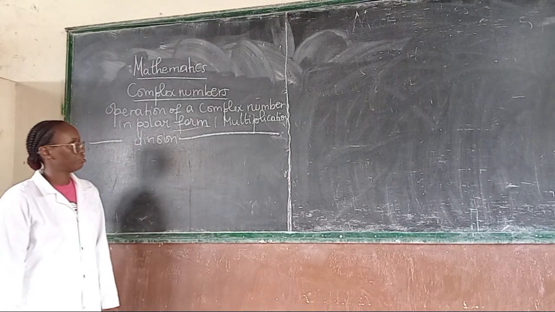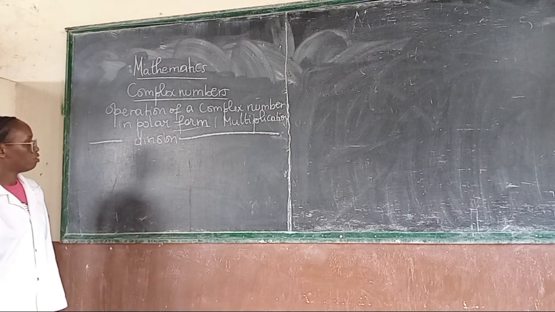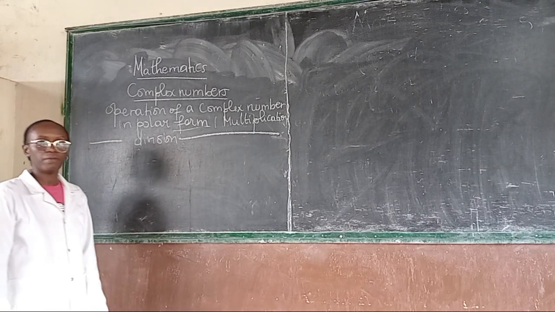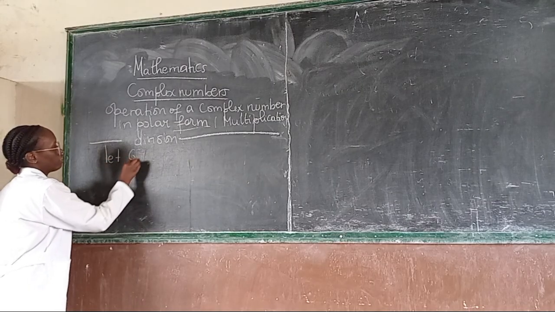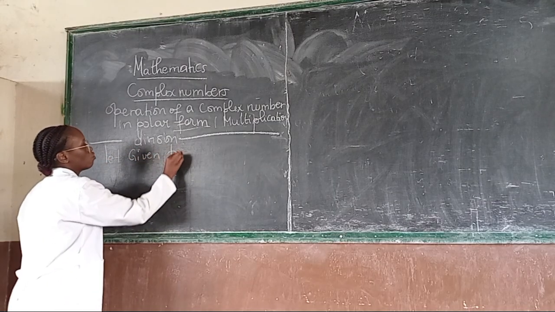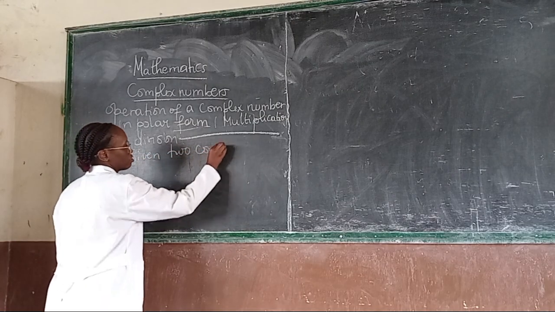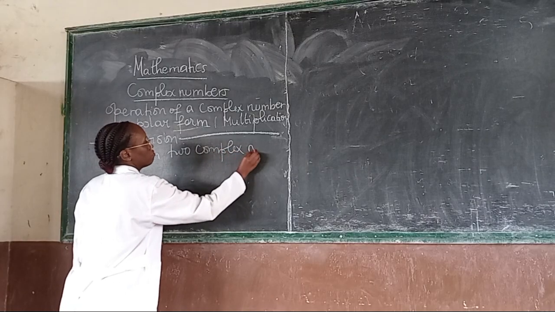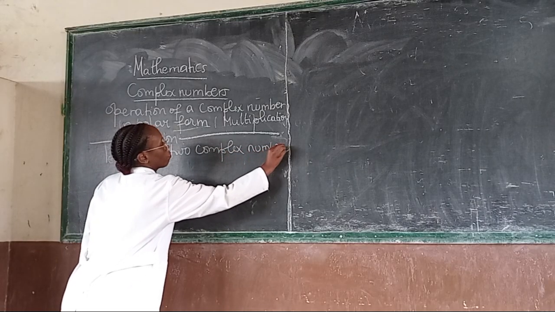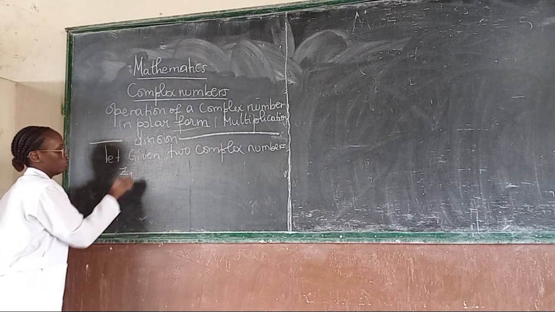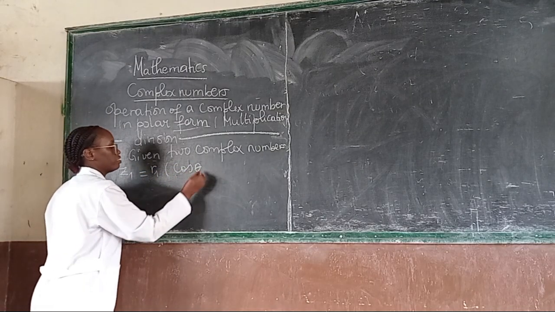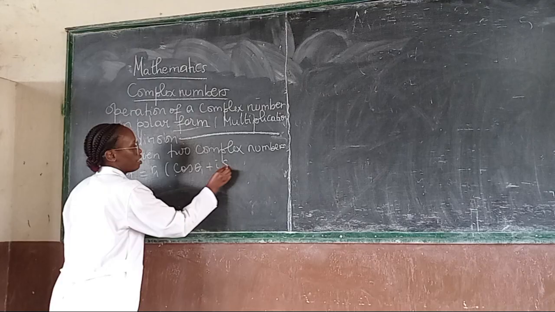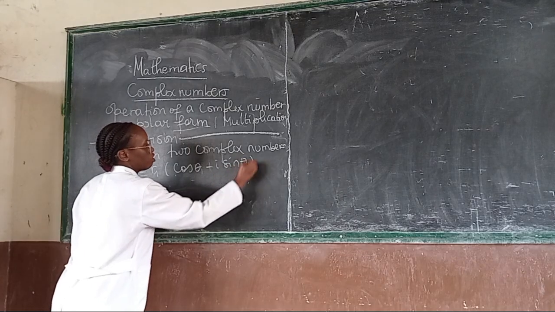Now we are going to continue our lessons about operations of complex numbers in polar form. So let's give two complex numbers. We have Z1, which is equal to R1 (cosine theta 1 plus I sin theta 1).